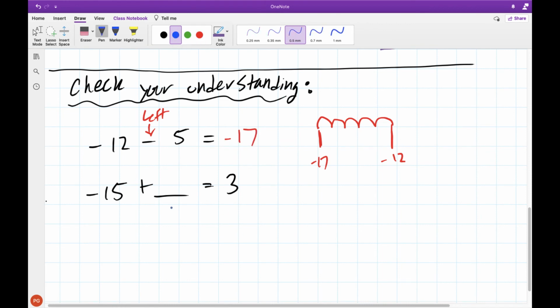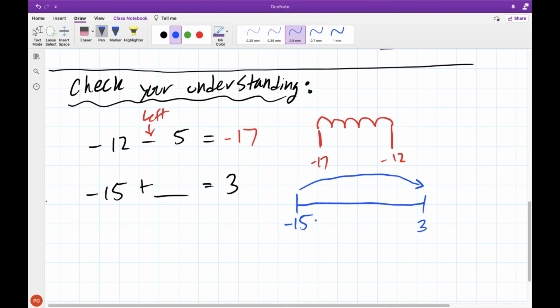For our second question, we've got negative 15 plus what gives us 3. So we've got to figure out what number goes here. Right now we know that we're starting at negative 15 and we want to go all the way to positive 3. If we look at the distance between these two, how far to the right do we have to go to get between these 2 points?